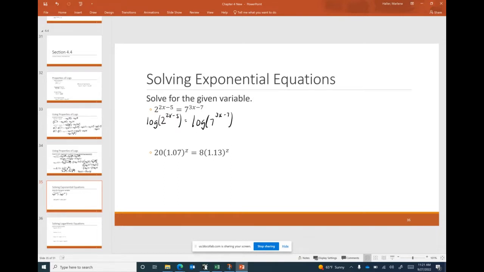Okay, and I'm able to do that right off the bat because I only have one exponential term equal to another exponential term. If I had more than 2 terms here, I wouldn't have been able to do that. Now that both sides are written as logarithms, I can bring down that exponent and get that variable out of the exponent. All right, so we'll now rewrite this.